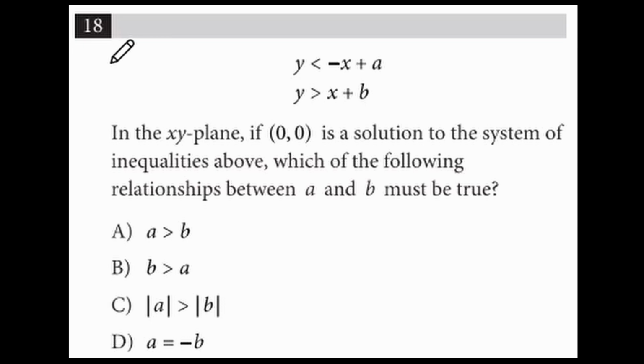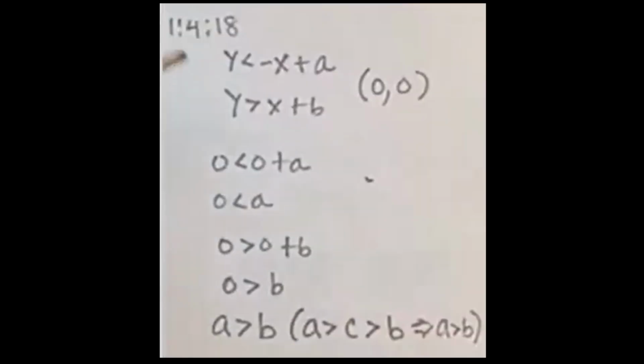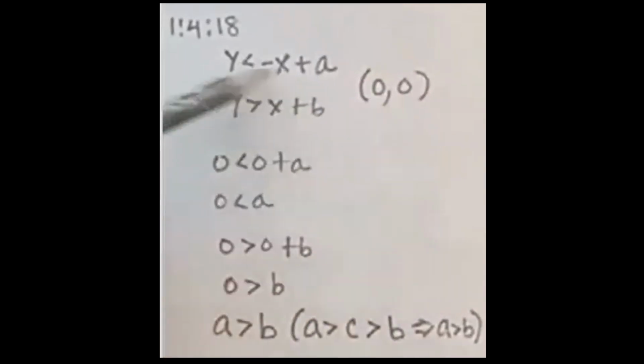And for number 18, in the xy plane, if (0, 0) is a solution to the system of inequalities above, which of the following relationships between A and B must be true? So I worked it out. So this is what we were given. Y is less than negative x plus A. Y is greater than x plus B. What I did is plug in the values for that, 0, 0 for x and y.